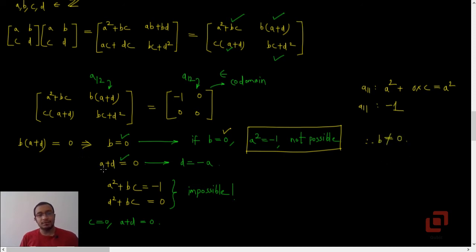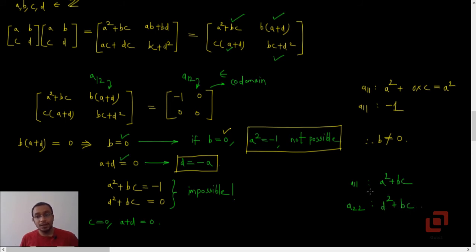So then we go to the second possibility, that is a plus d equal to 0. Now if a plus d equals 0, then d must be equal to -a. Now we go to the (1,1) and (2,2) entries. The (1,1) entry is a squared plus bc, and the (2,2) entry is d squared plus bc.